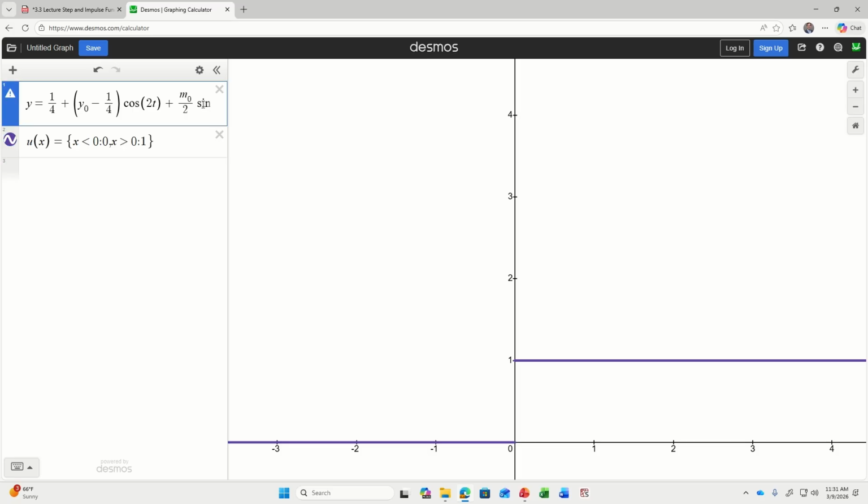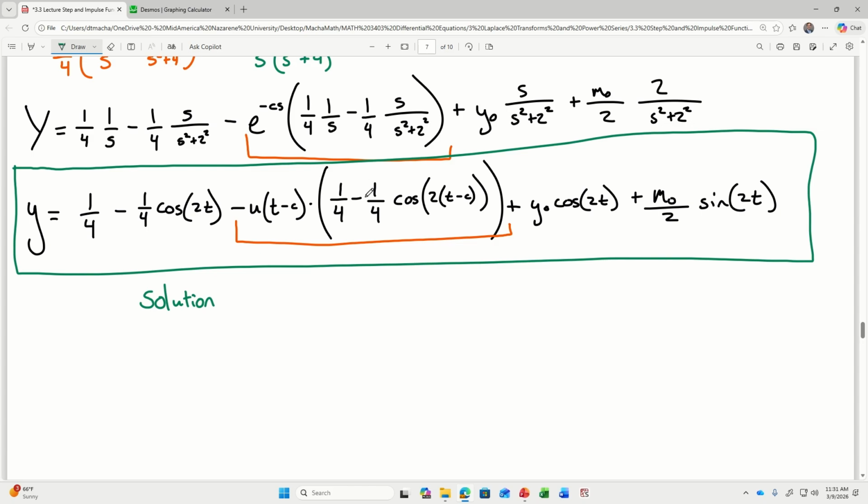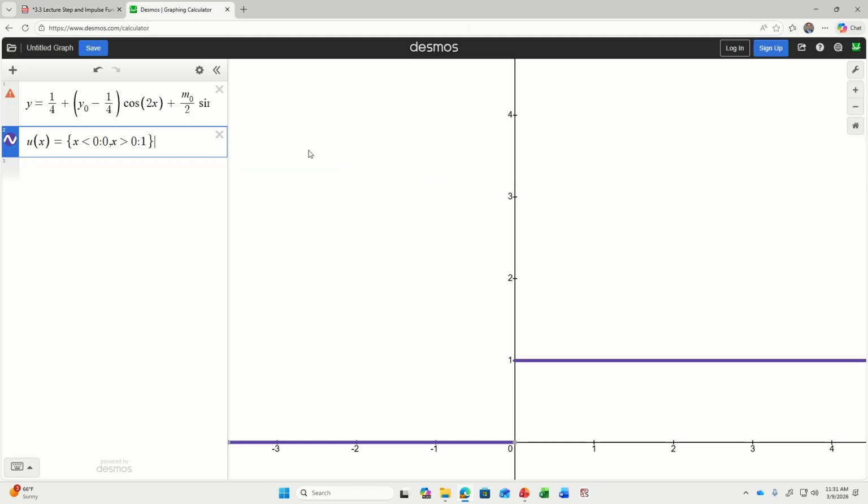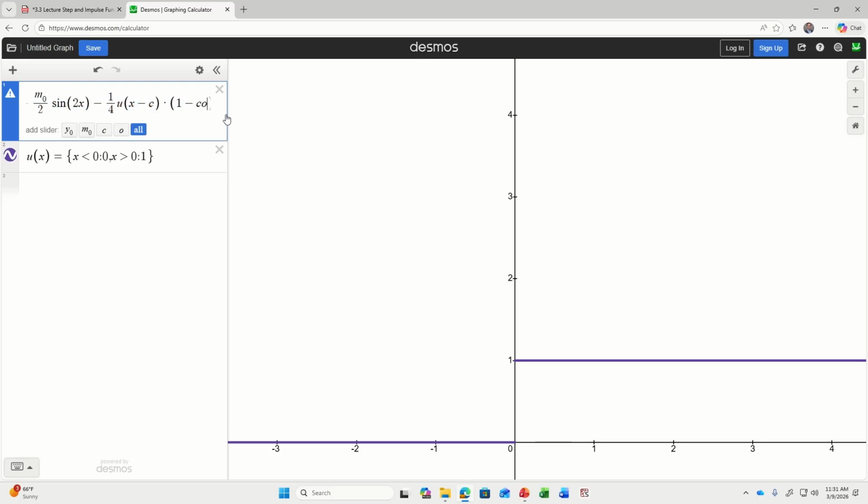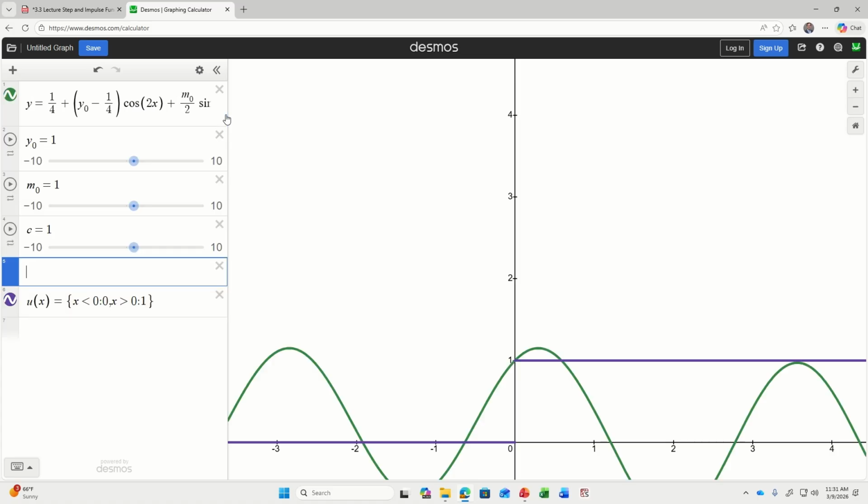And I need to make sure my t's are actually x's in Desmos, because Desmos does not like the t's. And then on the inside of that unit step function, it was 1 minus cosine of 2 times t minus c.